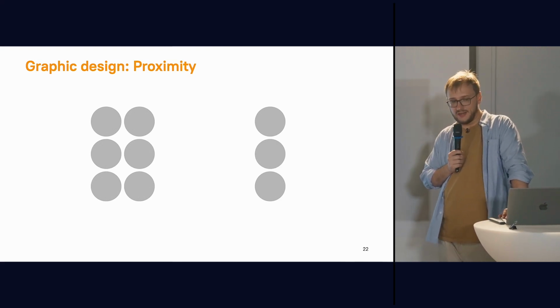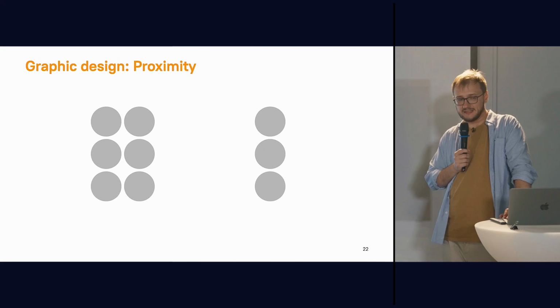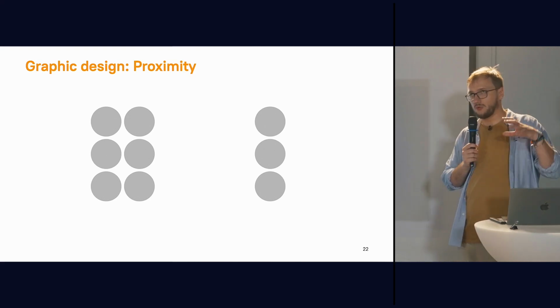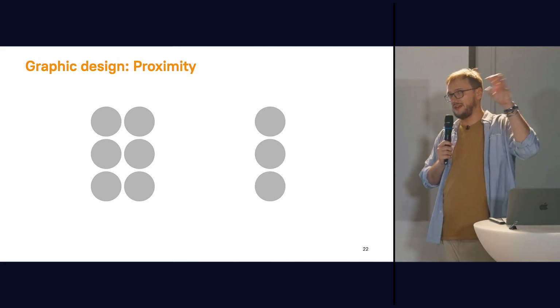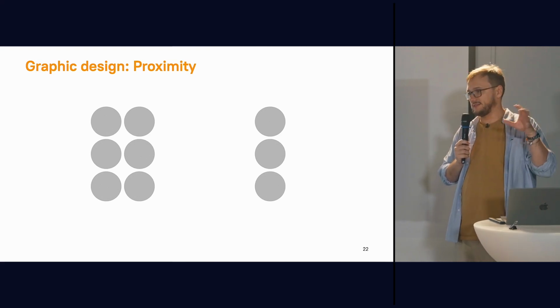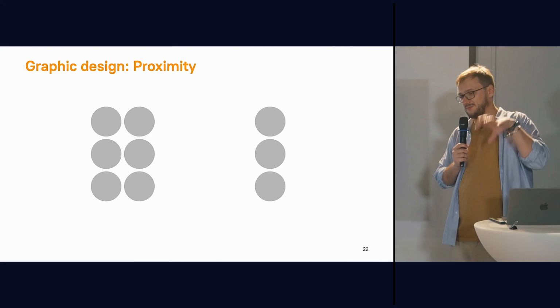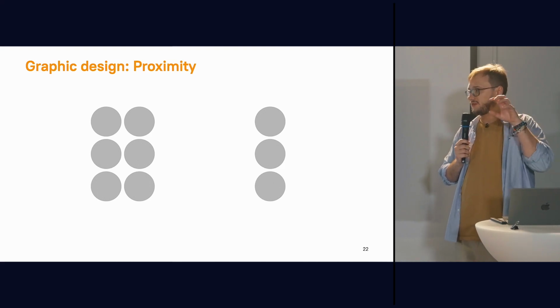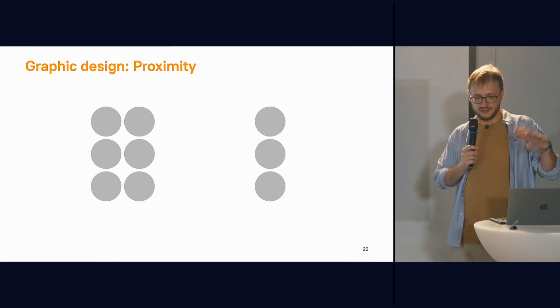This rule is really important because with it we can show the user what is related to what, and we can group different charts and different filters in a group that relates to one purpose.